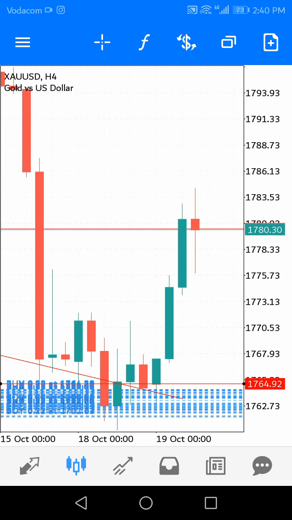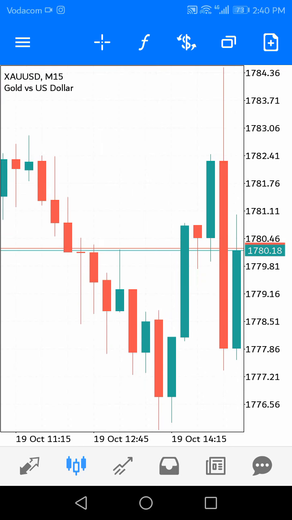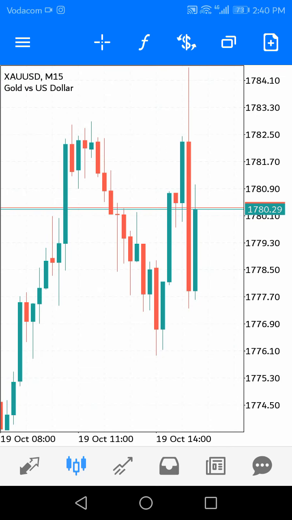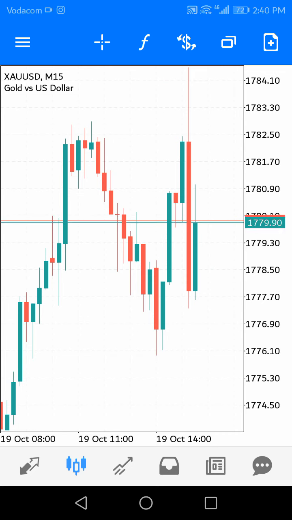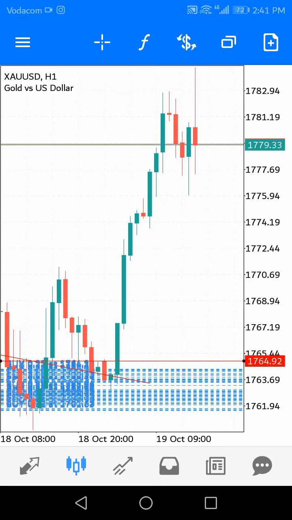So you realize when you get to maybe 15 minutes, the pair is still getting some bias up. So what is important is to check for the price action of longer time frames, which normally determines the movement on smaller time frames. So maybe let's go to H1 and I show you something.